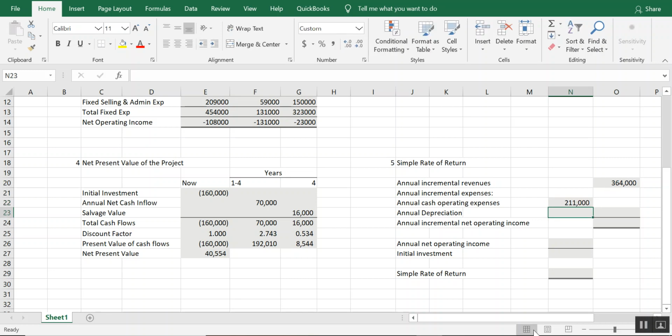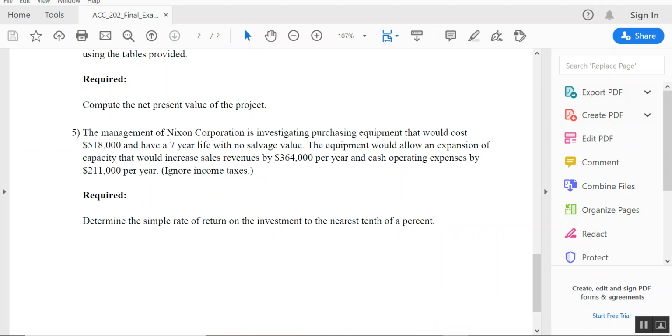The one thing that we have to consider with a simple rate of return is the depreciation of this equipment, because simple rate of return is not cash flow. It's based on something similar to a return on investment calculation, which needs to have this included. So we take the $518,000 with no salvage value and divide it over the 7 years that it's going to be in service.